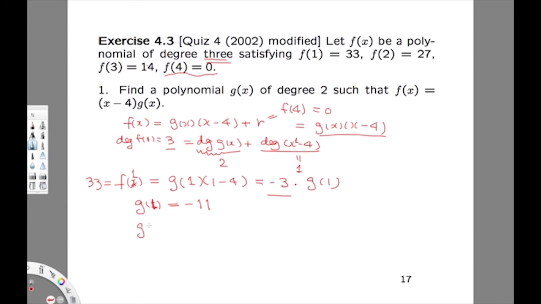Then what is g of 2? It is 2 minus 4 times g of 2, and this is equal to f of 2. And f of 2 is equal to 27. So this is minus 2 times g of 2, so g of 2 is equal to minus 27 over 2.